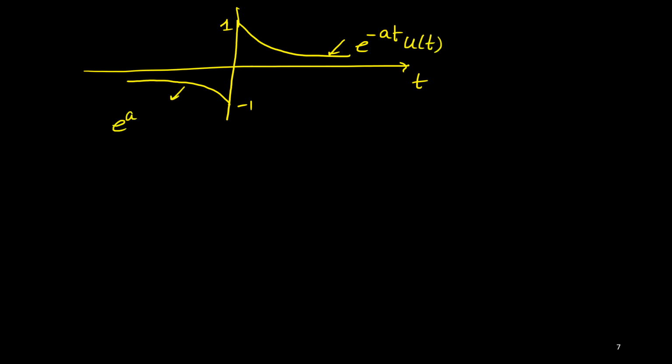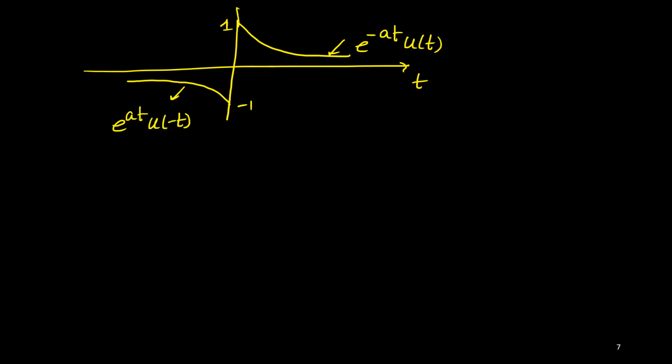So this is your signal. This is 1, this is minus 1. This is t. This is your e to the power minus at u of t, and this one is e to the power plus at u of minus t.